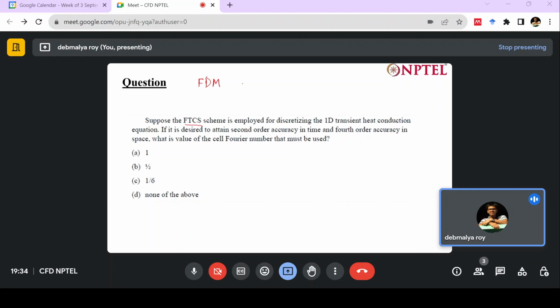So in the finite difference method, I hope you remember, we evaluate the Taylor series expansions and truncate up to a certain number of terms, from where we develop expressions for the derivatives and use those expressions to formulate numerical schemes. So FTCS is nothing but forward in time and central in space.